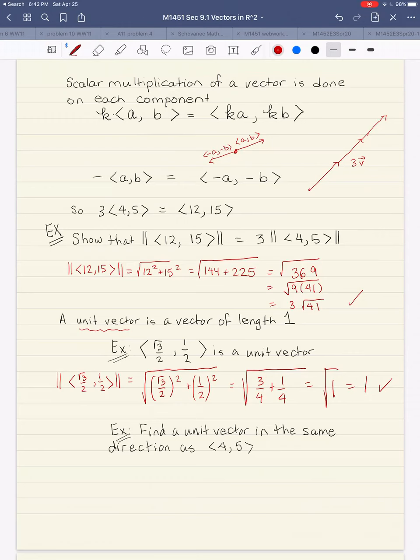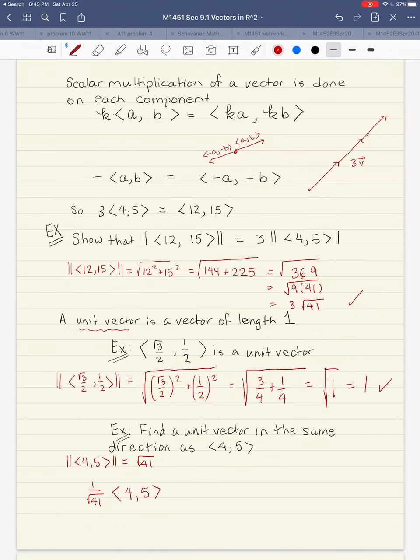We can always find a unit vector in the same direction as a given vector just by taking the given vector and multiplying by the scalar that is the reciprocal of its length. In other words, we know that the magnitude of vector 4, 5 we found earlier was the square root of 41.